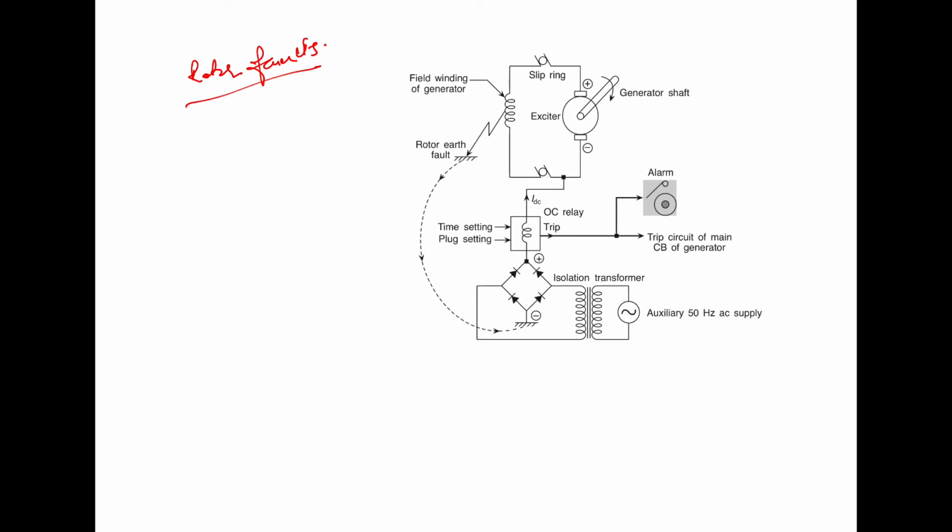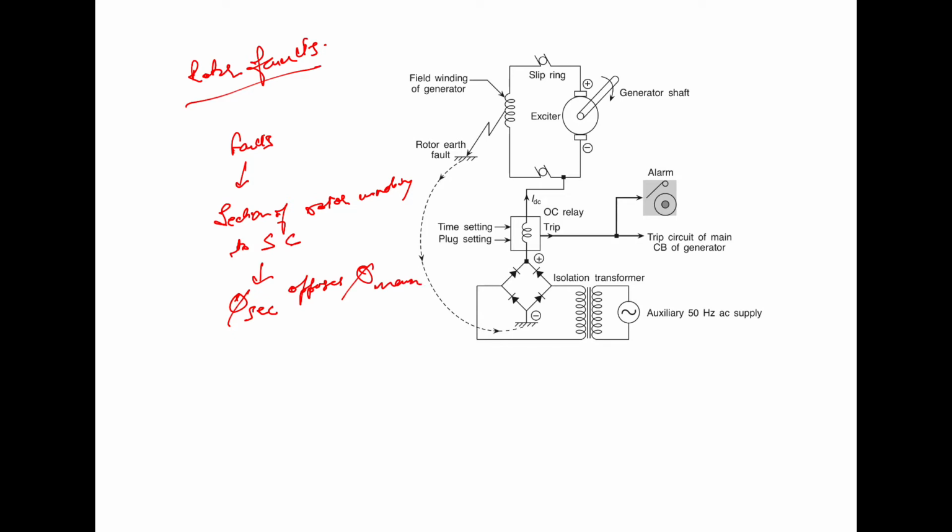However, the subsequent fault would cause a section of the rotor winding to be short circuited, giving rise to the secondary flux which opposes the main flux in the proximity of the shorted turns, and as a result it causes the distortion of the main flux. So the main flux is getting distorted.